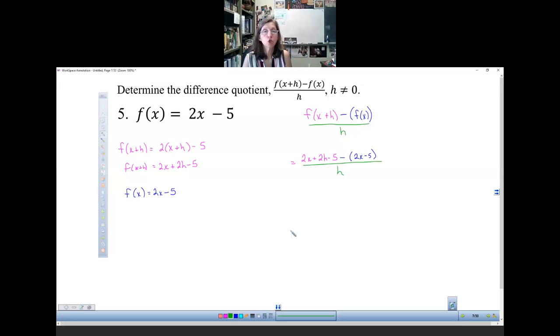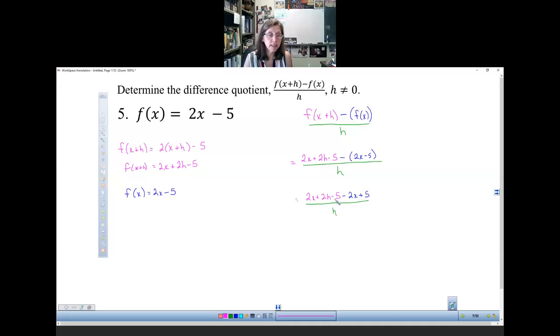Okay, so now I'm going to clean this up. And I have 2x plus 2h minus 5. I'm going to distribute my negative sign, so I have minus 2x plus 5. Everything is over h. Simplifying as I go, 2x minus 2x goes away.